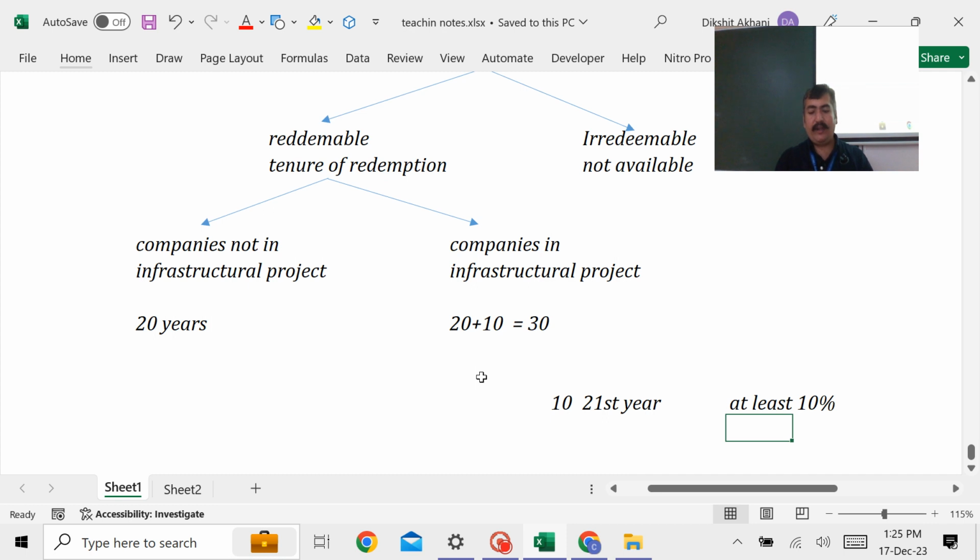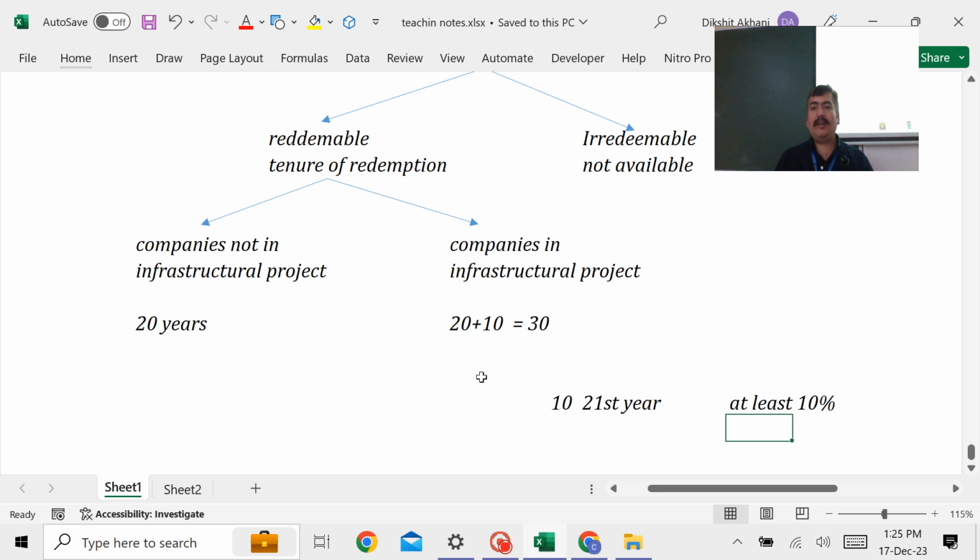So 21st year onwards, this also can be part of your MCQ: how much at least you should start redeeming your preference shares. Answer to that question is at least 10%. तो कम से कम 10% आपको वापस देना पड़ेगा.